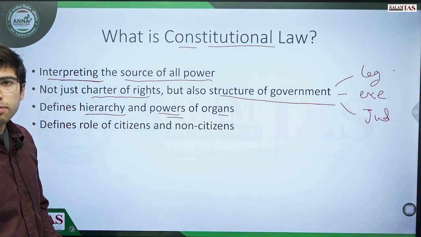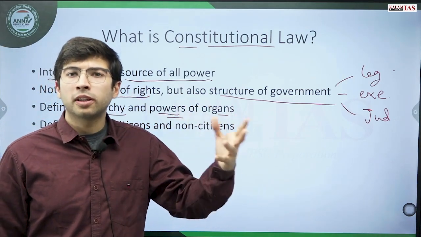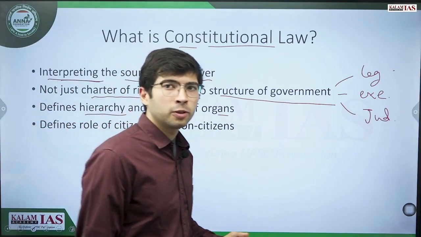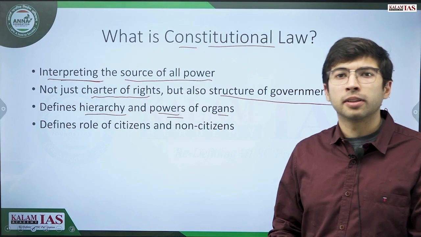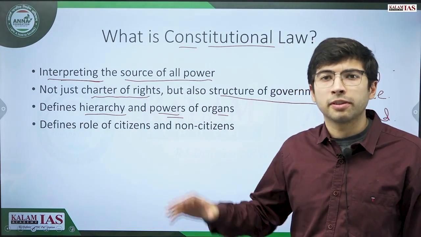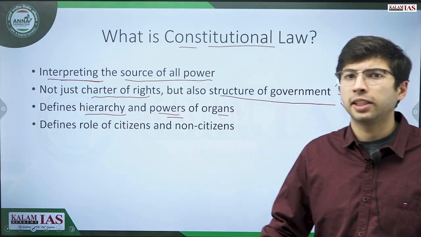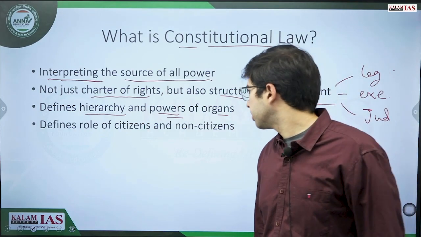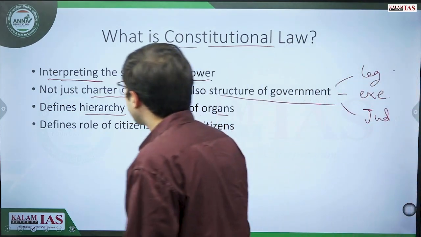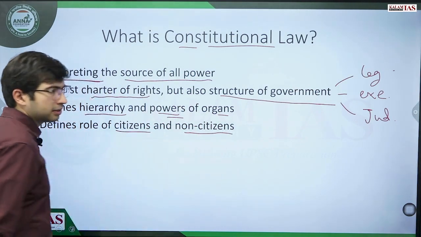So how can a Supreme Court or a High Court review a case that is of the same court? How can the Parliament make laws for various portions? What is in the power of the Parliament? What is in the power of the state legislature? All of that is defined in the Constitution. And lastly, the Constitution defines the role of citizens and non-citizens.